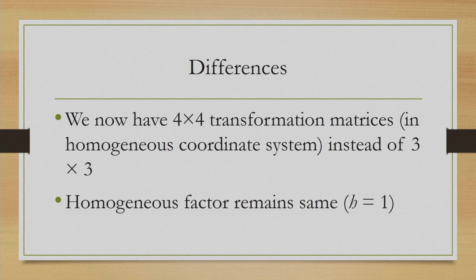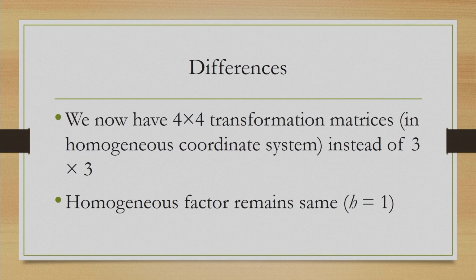So, earlier we had used homogeneous coordinate system to represent the transformation. We will use the same coordinate system here to represent the 3D transformation as well, but with a difference. Earlier, in the matrix representation, we used 3 by 3 matrices in the homogeneous coordinate system to represent each of the transformations. In 3D, we use 4 by 4 matrices to represent each transformation.